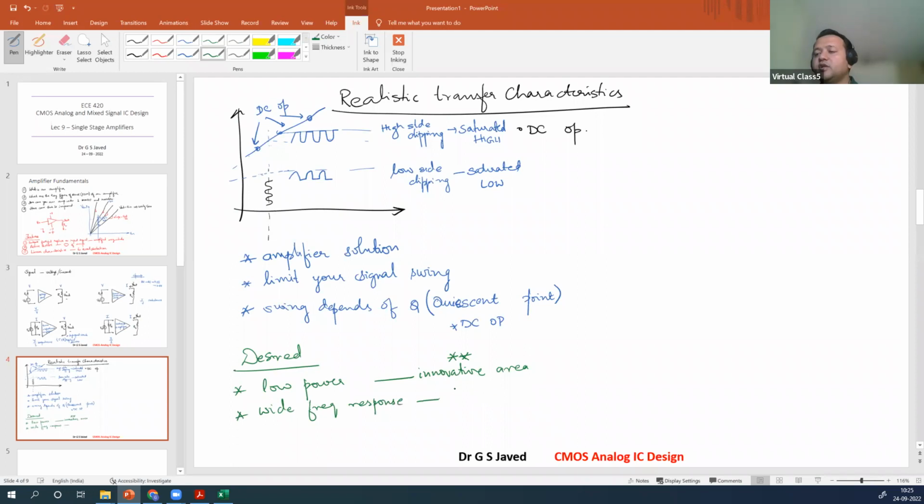This is needed when you are working with wideband signals, right? Whose bandwidth is very large. So typically we would define this bandwidth to be greater than 100 megahertz. Would be a wide frequency response.